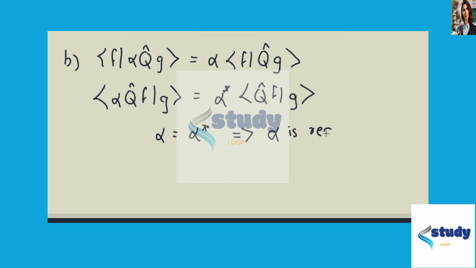So this is the condition required for the product alpha Q cap to be a Hermitian operator.